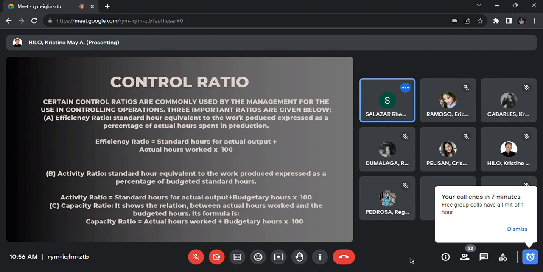Capacity ratio shows the relation between the actual hours worked and the budgeted hours. Its formula is capacity ratio equal to actual hours worked divided by budgeted hours times 100.